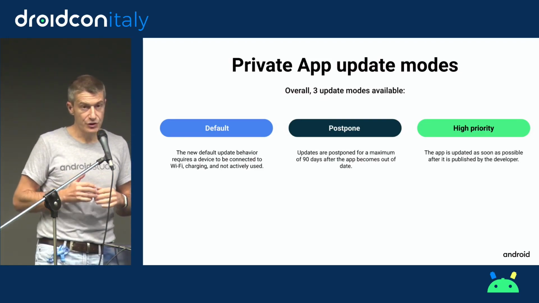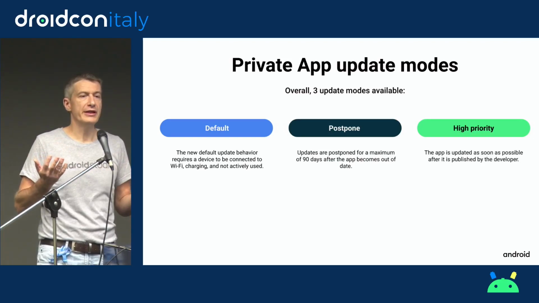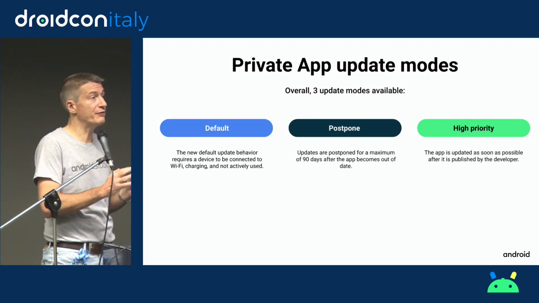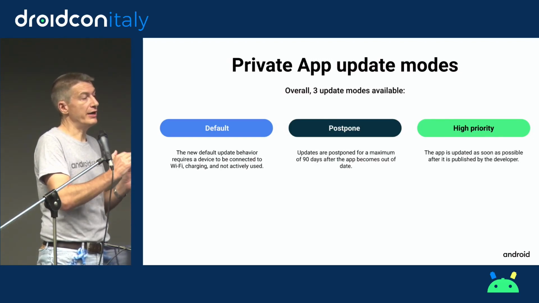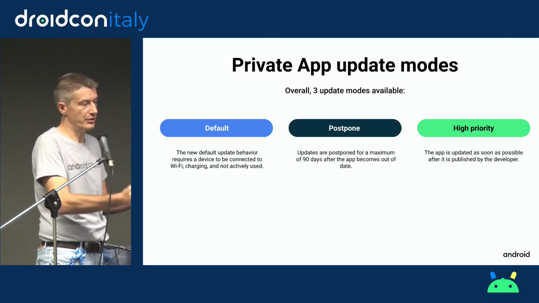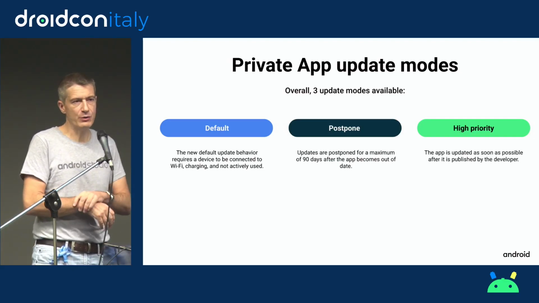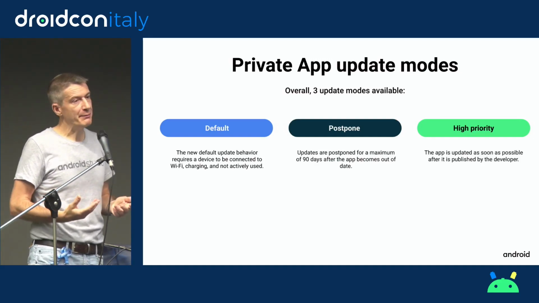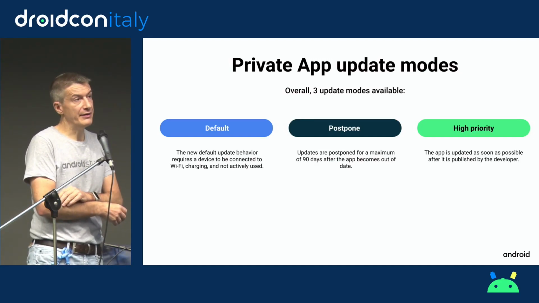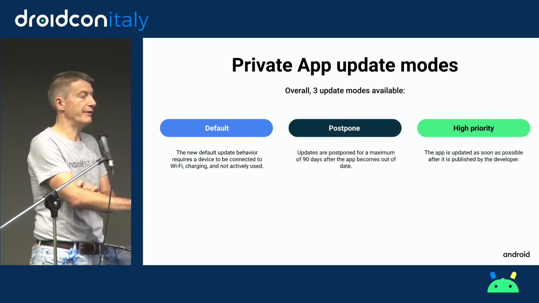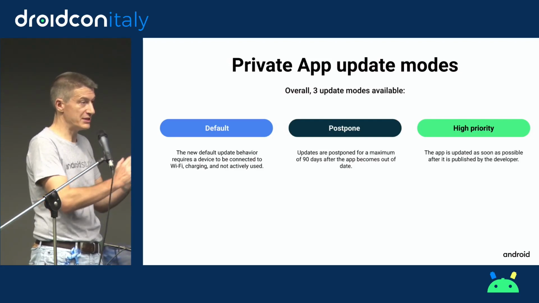So usually you build the application, you put it on the Play Store, it's available to all the different customers. And you have to comply with some very precise scrutiny on what your application can and can't do. You have some requirements on which API level you need to have and so on. Private applications are applications that are available only to specific enterprises, so only to a specific company.